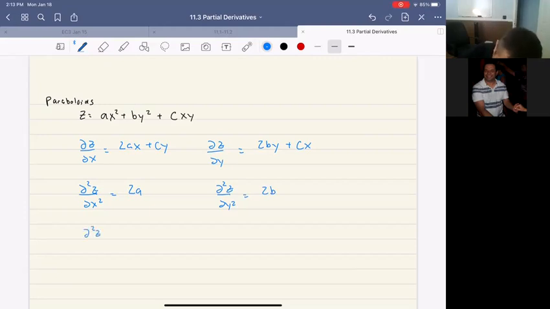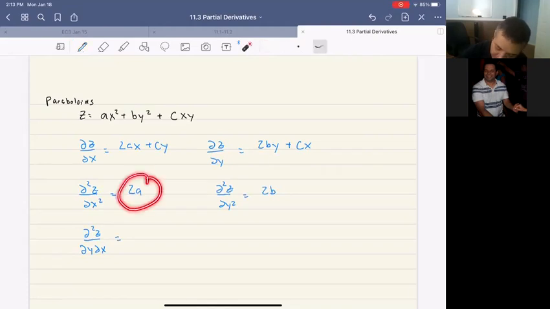Partial squared of z, I should do the other way around. This is taking the derivative first with respect to x, then with respect to y. So that's the derivative of this with respect to y.